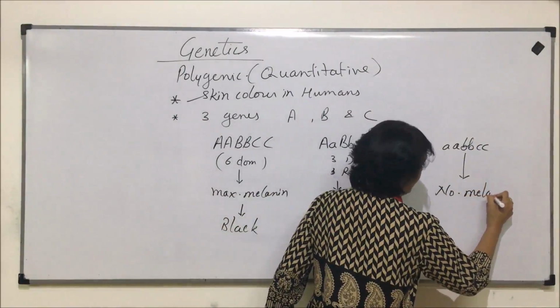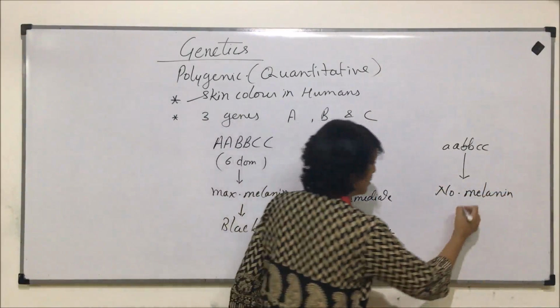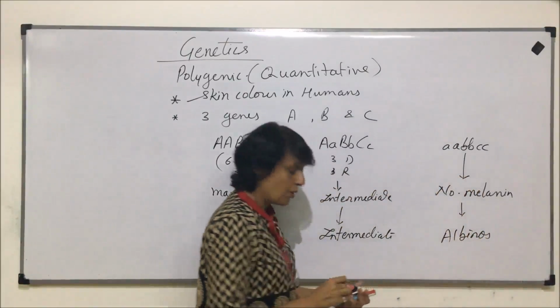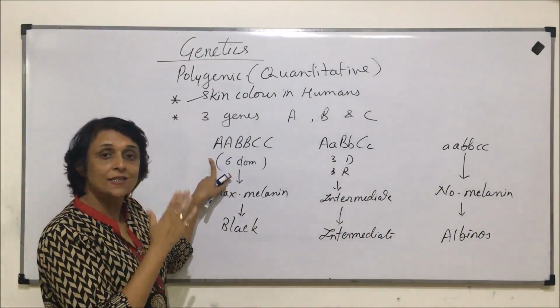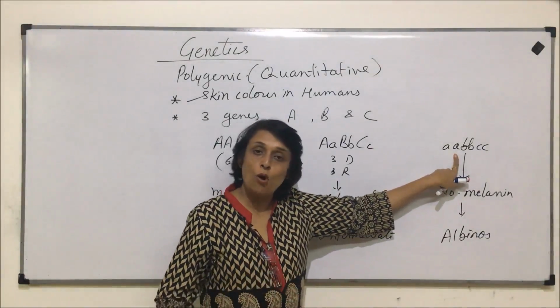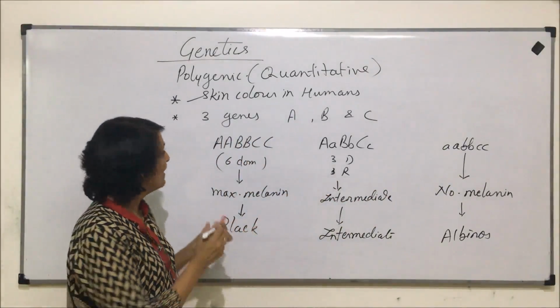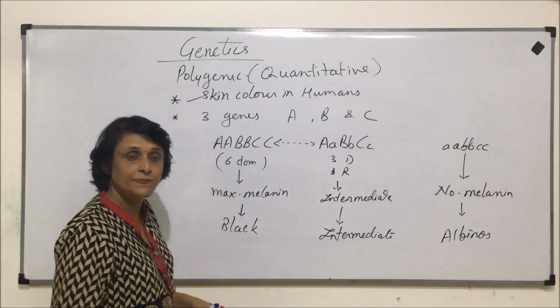So melanin production would be 0, and such individuals are known as albinos. So we have extremes, all 6 dominant, none of those dominant, that means all 6 recessive, and this is the intermediate. But we have a range between this and this also.